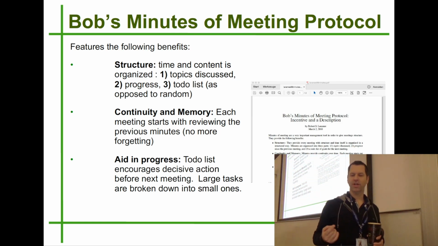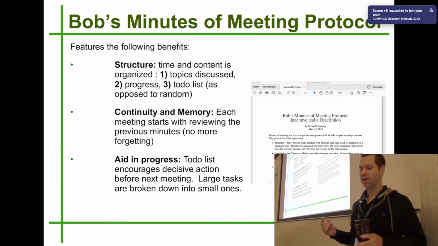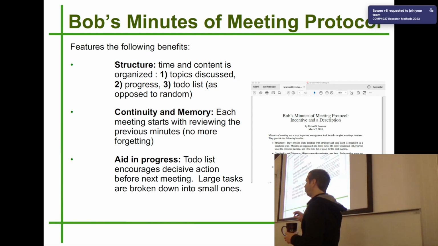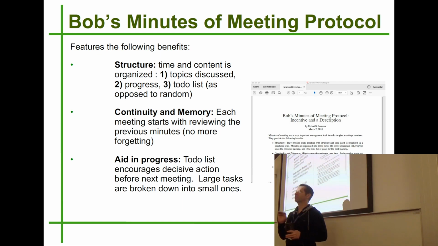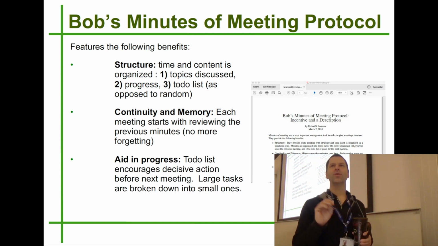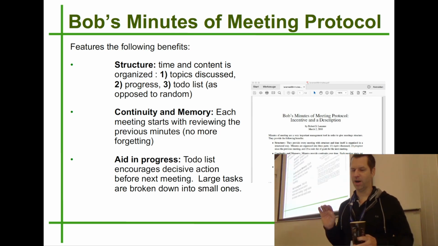Part 3 is a to-do list. That is what you need to do in order to prepare for the next meeting. So what you need to do between now and the next meeting. Those are the 3 basic parts.